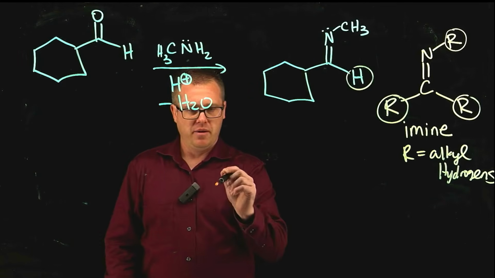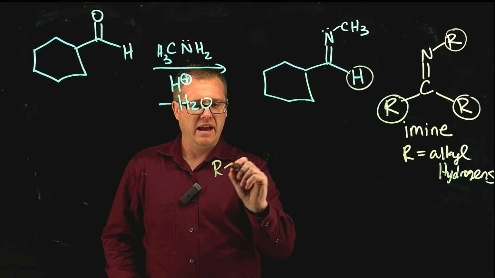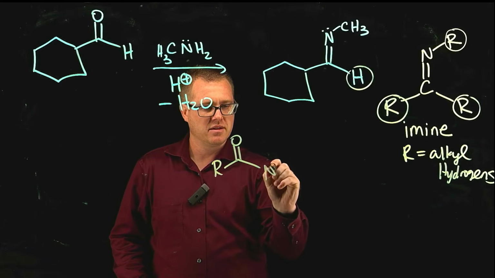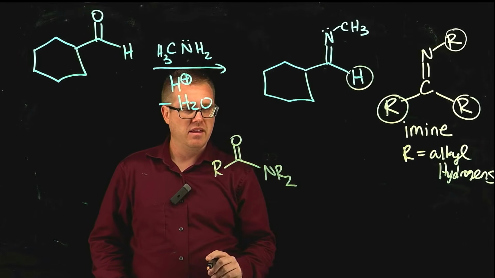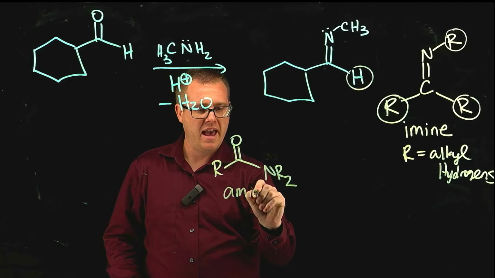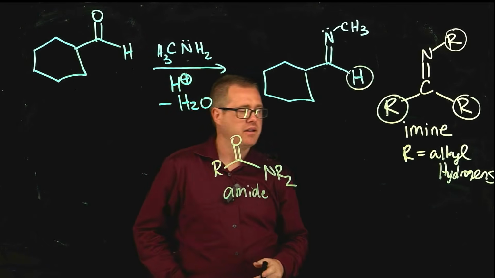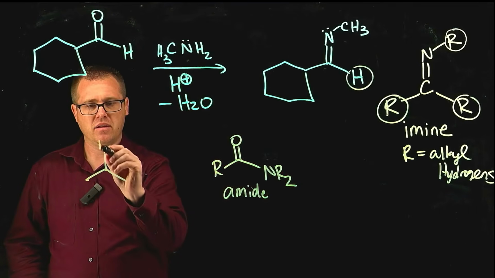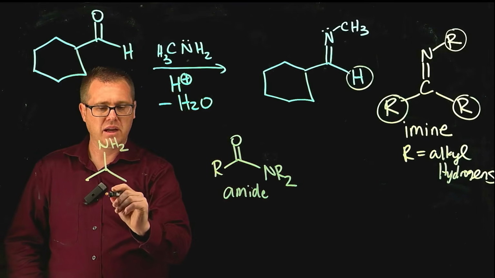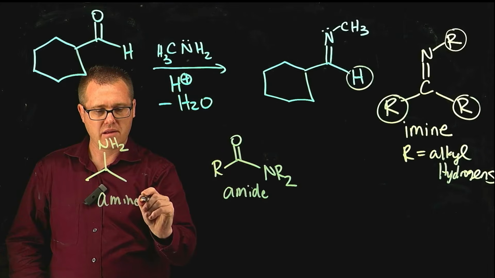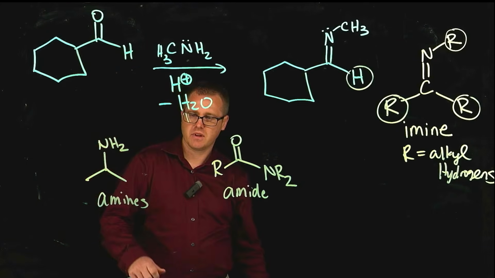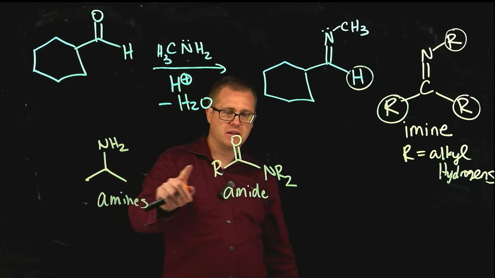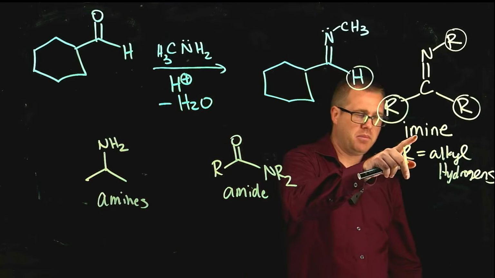So let's review here. Functional groups. We have something that looks like this. That would be called an amide, however you want to pronounce it. And then you have amines. So you have amines, amides, and imines.